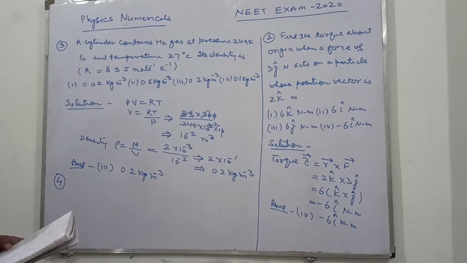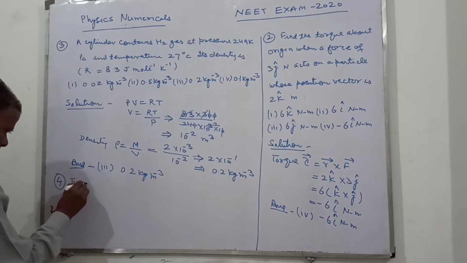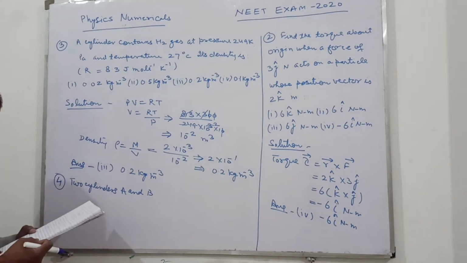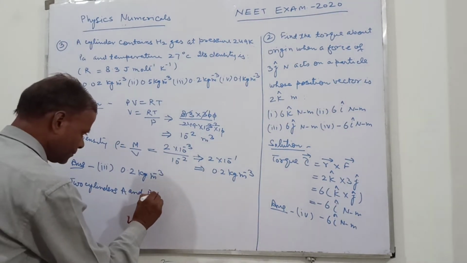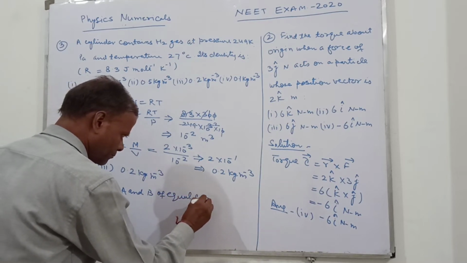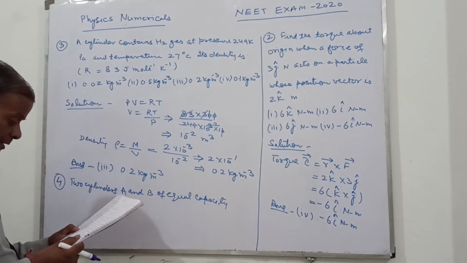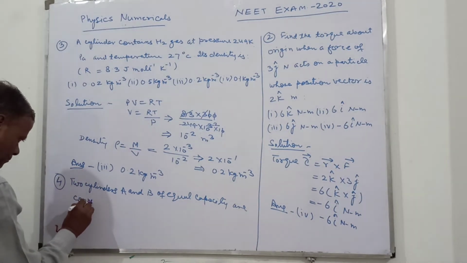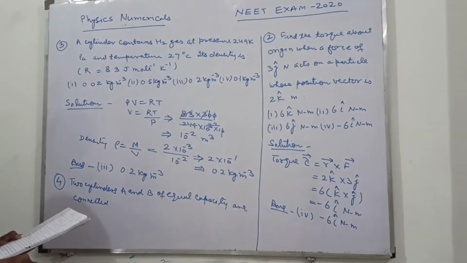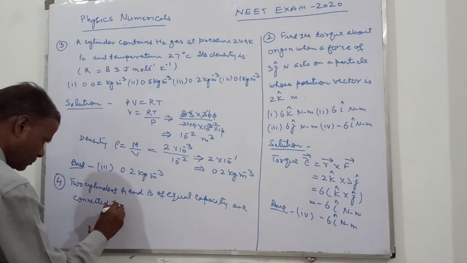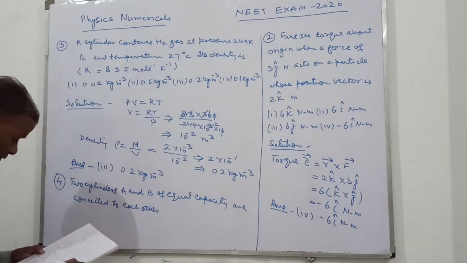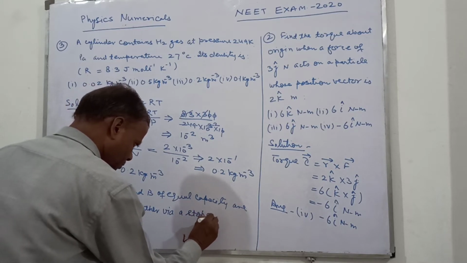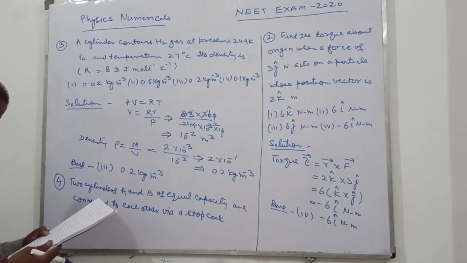The fourth question is: two cylinders A and B of equal capacity are connected to each other by a stopcock.